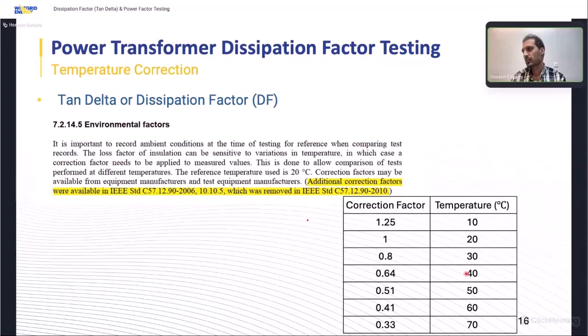So we need to get the correction factor from the manufacturer of the transformers. But nowadays, the old version of correction factors are used also in test kits. There are values like this table as you see here. But for newer transformers, it's recommended to get correction factor from the manufacturer of the transformer.